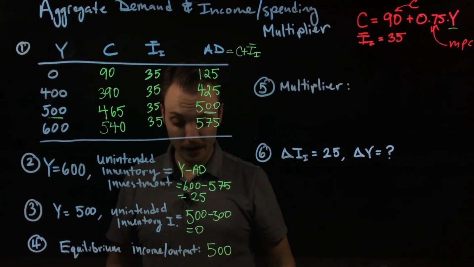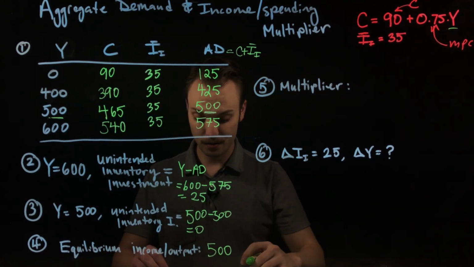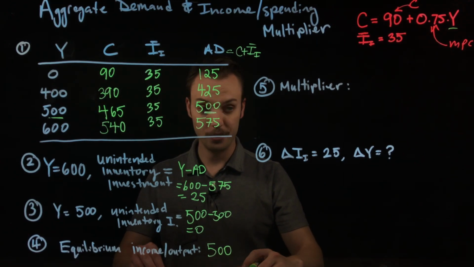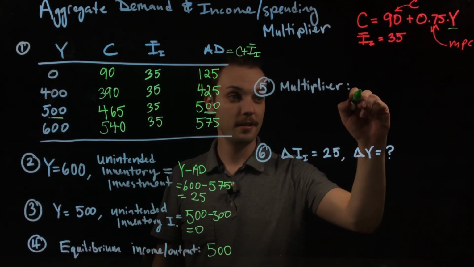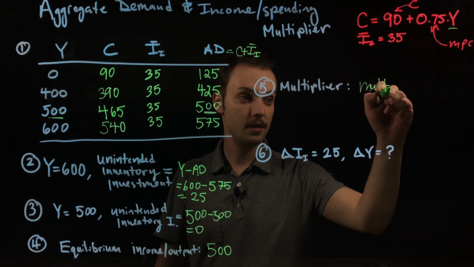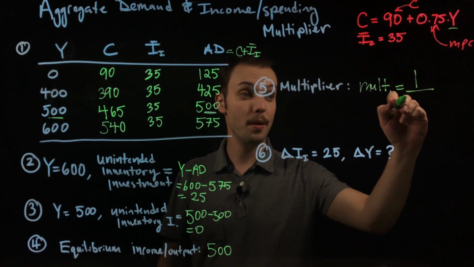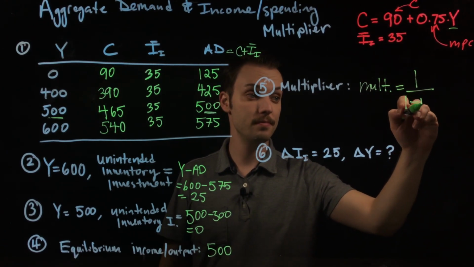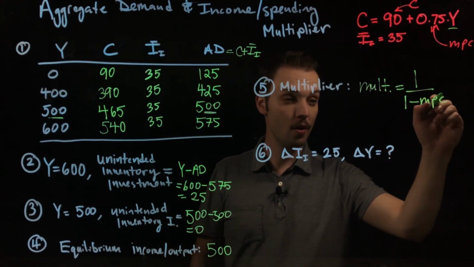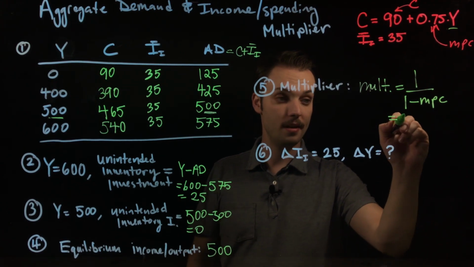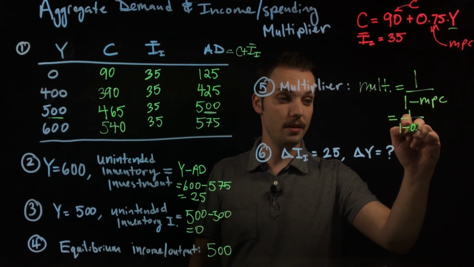So moving on to the income spending multiplier. Part 5 asks, what is the income spending multiplier equal to in this model? As we've discussed, the multiplier is just equal to 1 over 1 minus the marginal propensity to consume, or 1 over the marginal propensity to save, which in this case is going to be 1 over 1 minus 0.75.